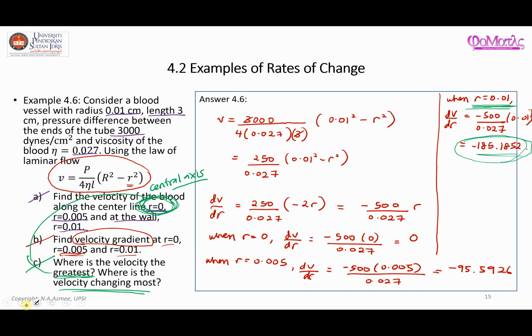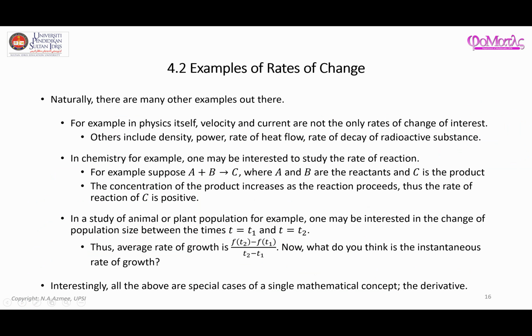All right, there are of course many other examples out there. For example, in physics itself, there are other rates of change of interest, such as density or power, rate of decay of radioactive substance, for example. And in chemistry, maybe you want to study the rate of reaction.